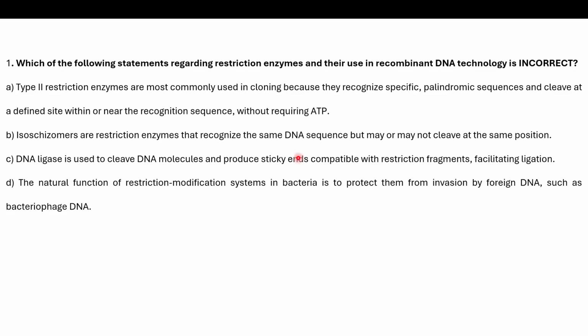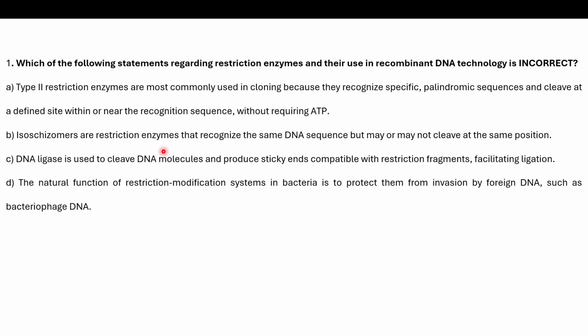Okay. So, which of the following statements regarding restriction enzymes and their use in recombinant DNA technology is incorrect? Type 2 restriction enzymes are most commonly used in cloning because they recognize specific palindromic sequences and cleave at a defined site within or near the recognition sequence without requiring ATP.